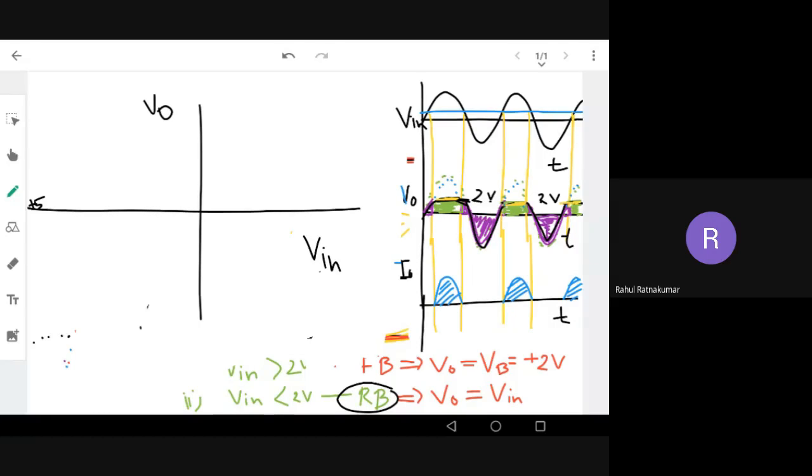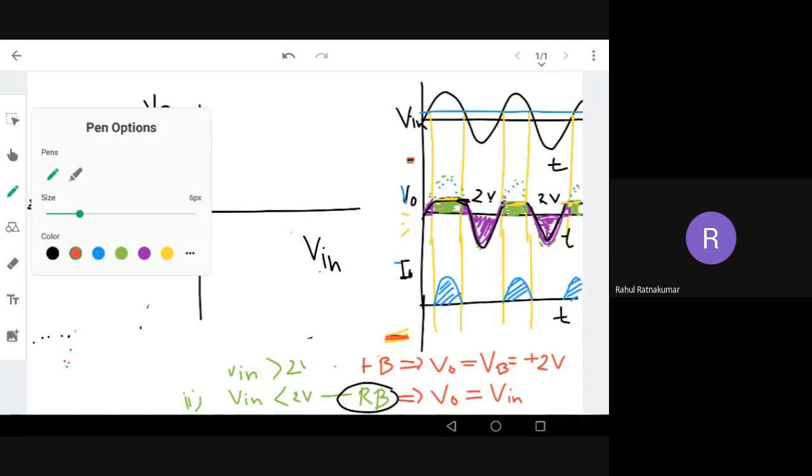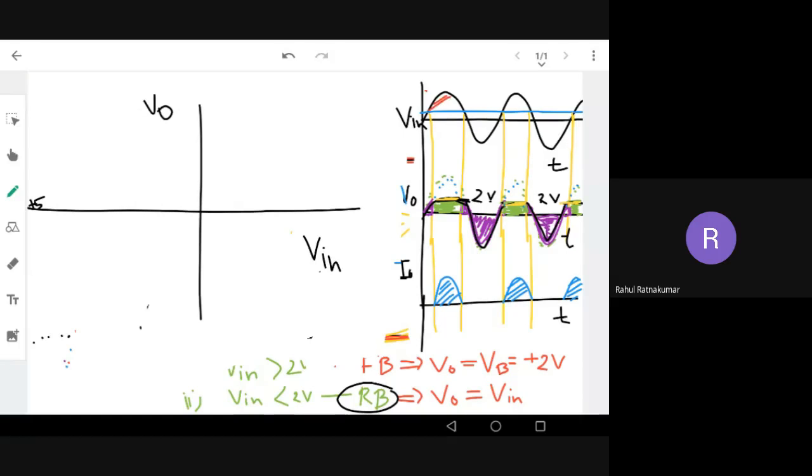As V in varies, V out is increasing until a point. Which point? Till 2 volt. That means until V in is 2 volt, V out is increasing. After that, it is fixed at the same voltage. What is the voltage? 2 volt. Okay, so this is the graph.